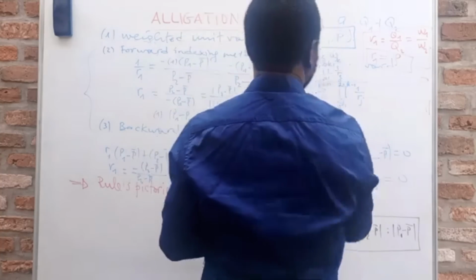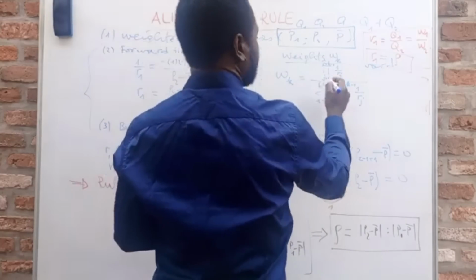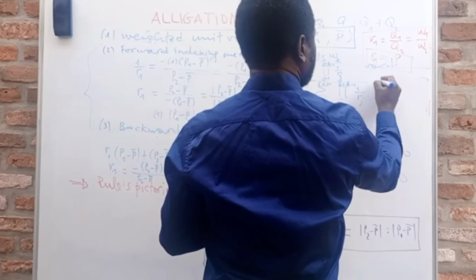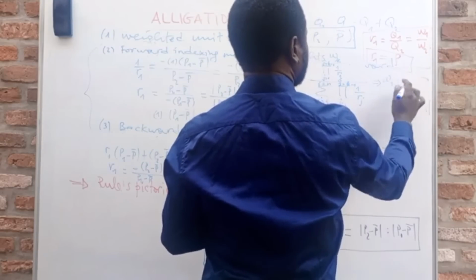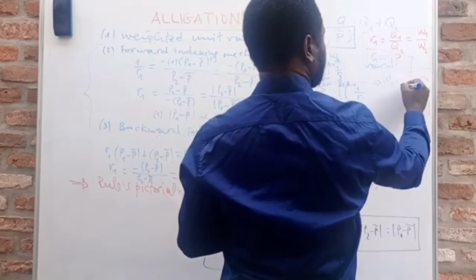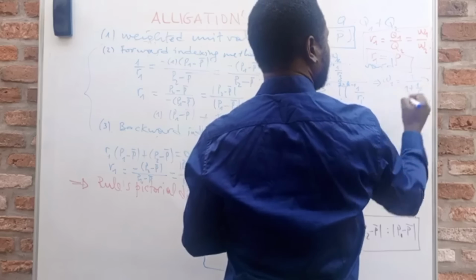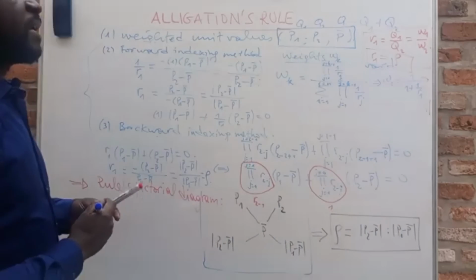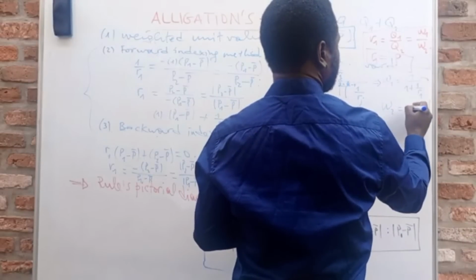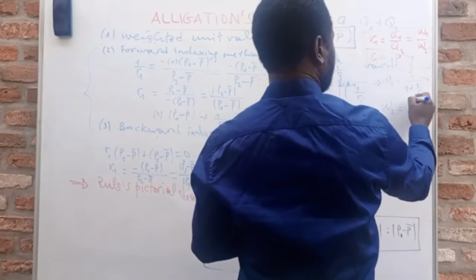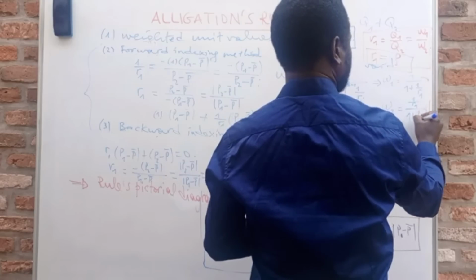So now, with this formula, we can find that omega 1 is equal to 1 over 1 plus 1 over R sub 1. So that is omega 1 in this method, and omega sub 2 is going to be equal to 1 over R sub 1 over 1 plus 1 over R sub 1.